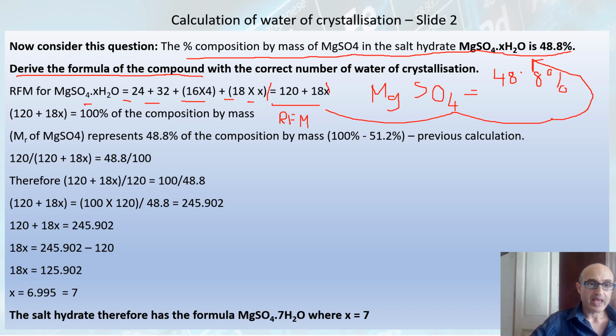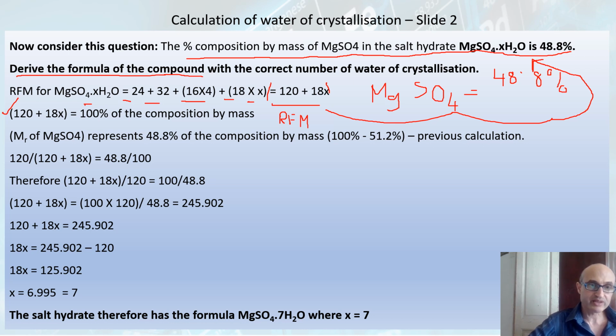Now, let us go to how we shall determine X exactly. You should agree at this point that 120 plus 18X represents the full relative formula mass, so it's 100% of the mass, if you like.